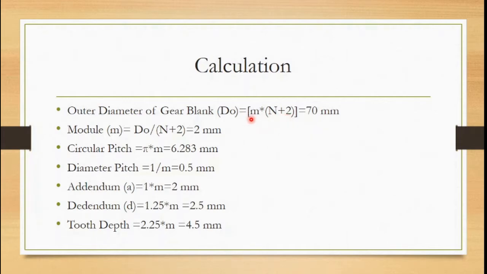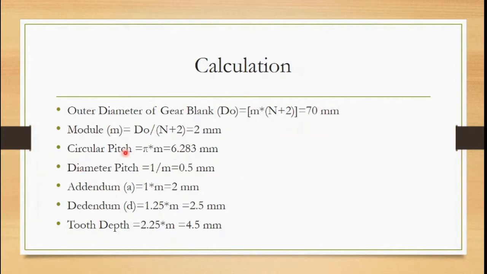If you substitute the value of module and number of gear teeth to cut plus 2, you'll get 70 millimeter, that is the outside diameter of gear blank. Module M is calculated by using the formula D naught, that is outside diameter of gear blank, divided by N plus 2, that is equal to 2 millimeter.